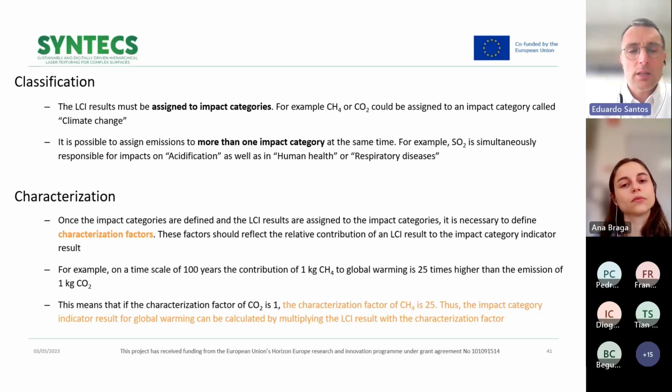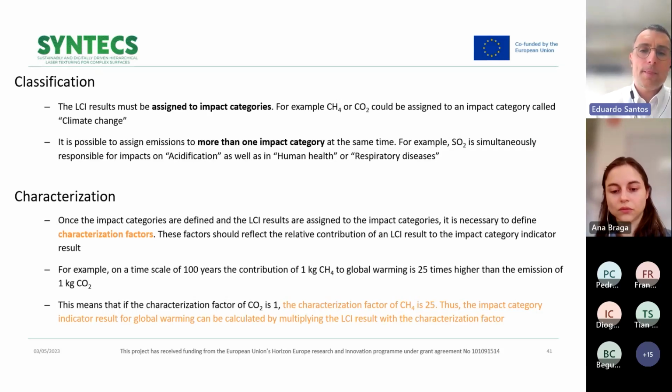But it also happens that those emissions can be assigned to more than one impact category. So classification doesn't necessarily need to separate the physical emissions into different impact categories that are exclusive. So there can be overlaps between the physical data and the impact categories that we use to classify.